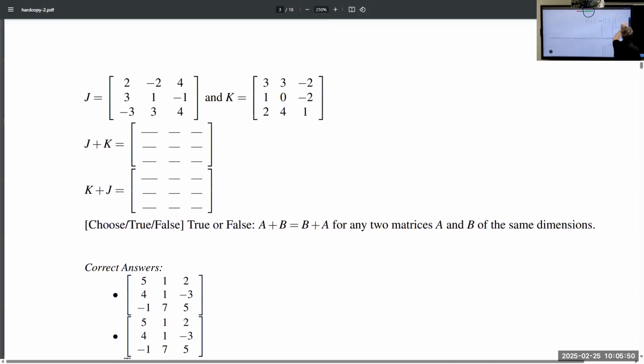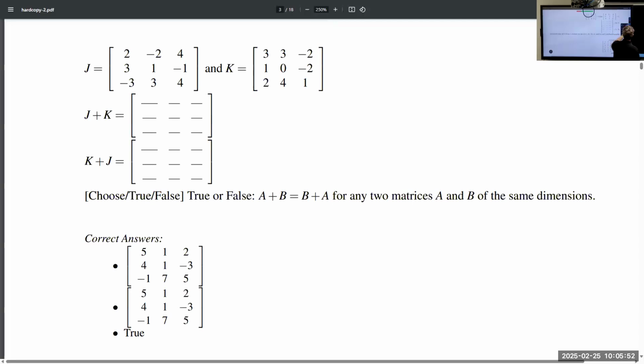Okay. In this problem, it looks like we are going to do some addition. So I have the matrix J, I have the matrix K, and it wants to know what is J plus K. All right, let's see if I can find that.